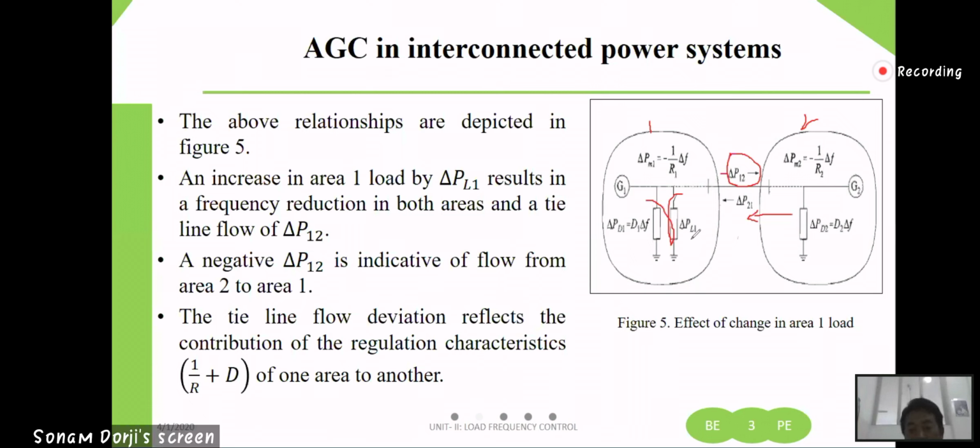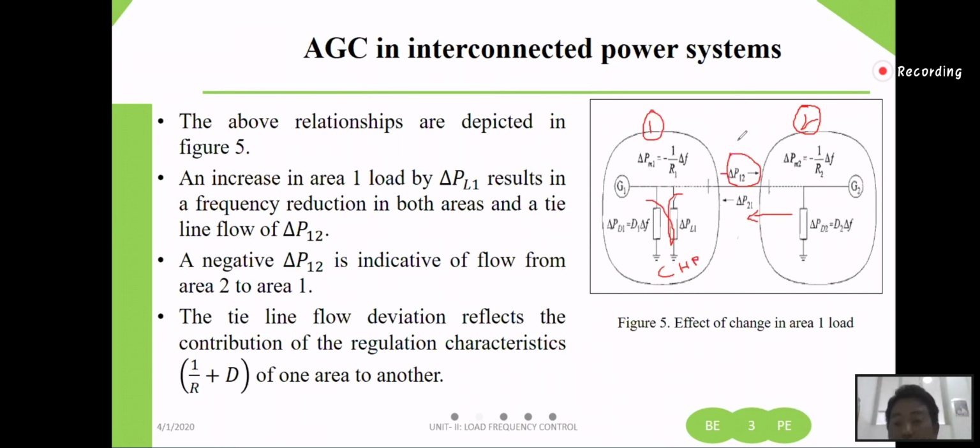Now in your answer, if the RCC asks something like this, you can say that if there is a change in load in area 1, here considered as CHP, and they ask what the effect on area 2 is, then frequency at area 1 as well as frequency at area 2 will reduce if the load increases. The vice versa holds if the load reduces.